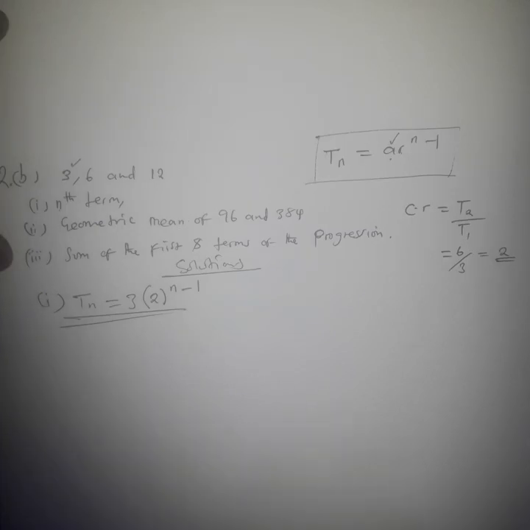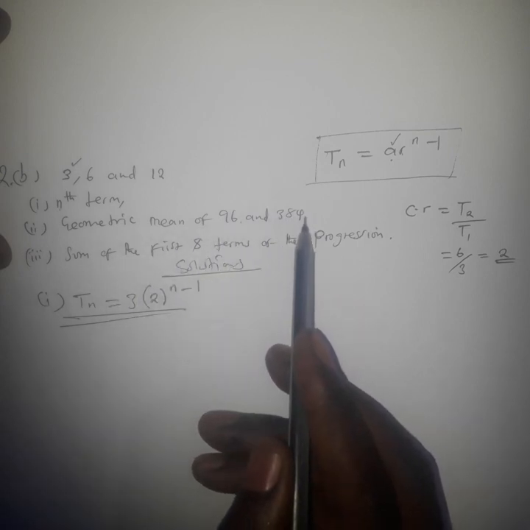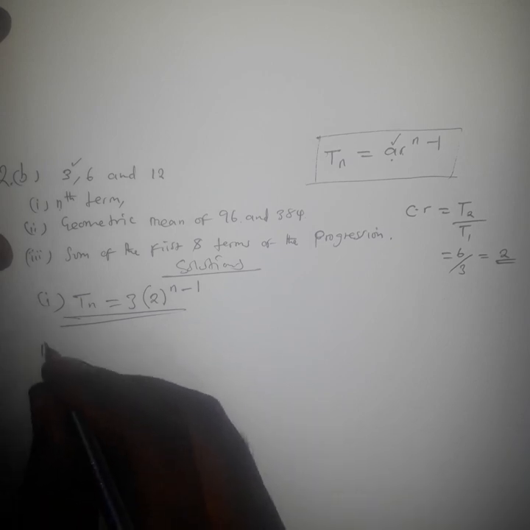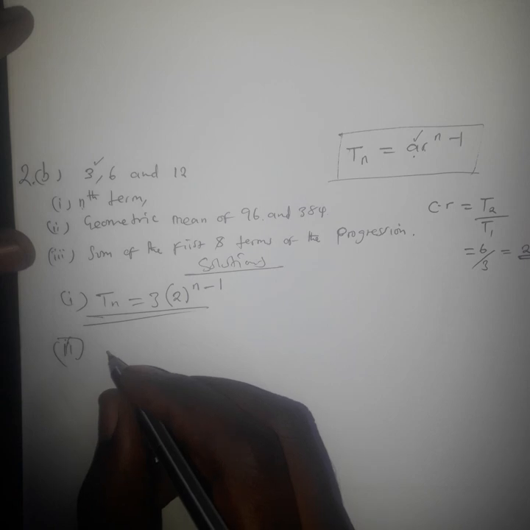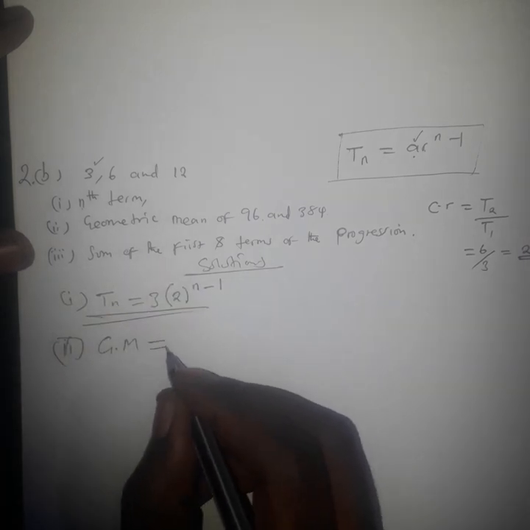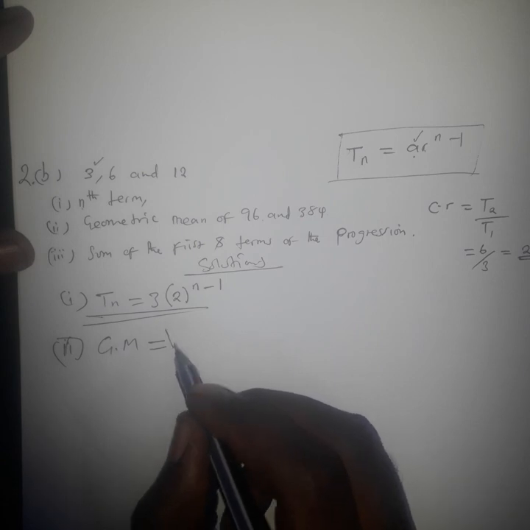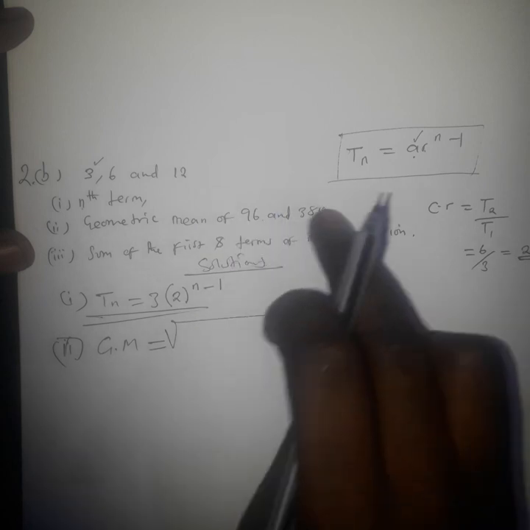Okay, so coming to question number B, Roman numeral 2, it says find the geometric mean of the numbers 96 and 384. So to find the geometric mean, it's very simple. So what you do is, I'm going to abbreviate GM for geometric mean, it is given by, you simply get the square root of the product of the two numbers.